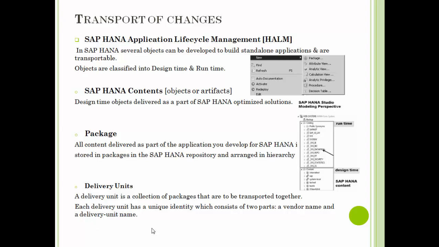But make sure we define the parameter content underscore vendor with the right value so that the delivery units are creatable and then transportable. And this HALM, SAP HANA Application Lifecycle Management, enables to create the product, the delivery unit, package, and basic application components that we want.